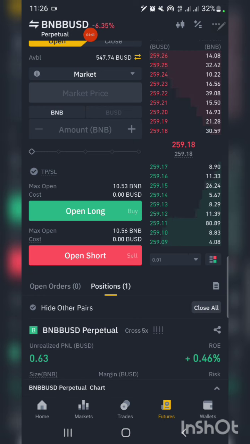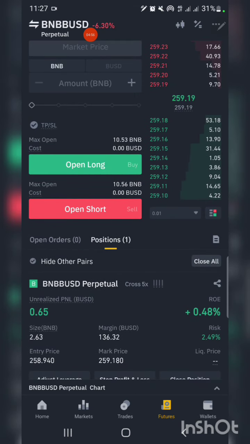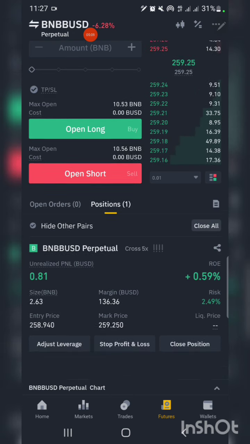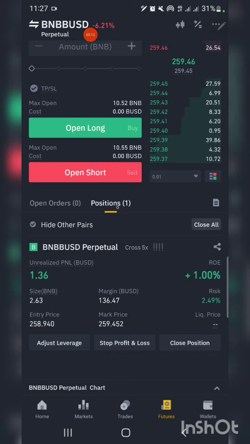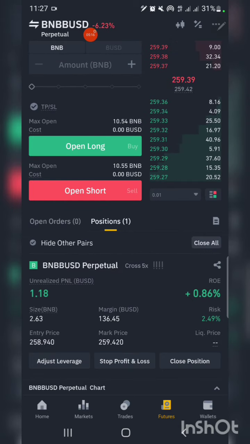Take note, you must ensure that you don't over-leverage your trade by putting more than the percentage you should expose in trade. If you are trading on higher leverage, you're going to trade on lower margin.